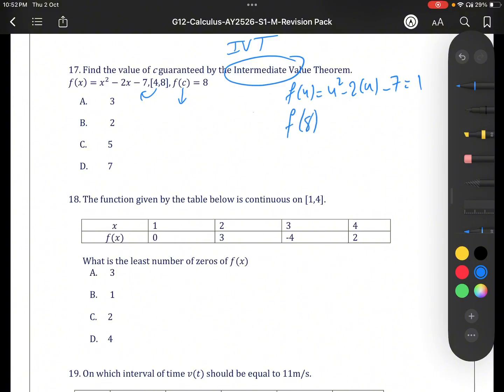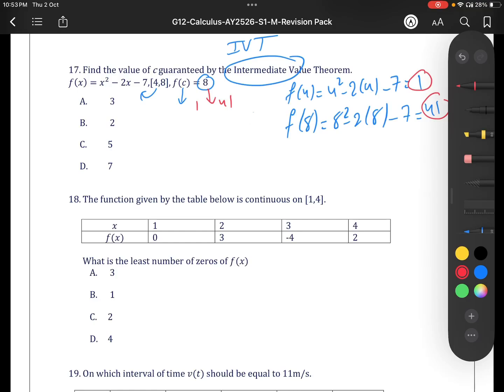So f of 8 is 8 squared minus 2 times 8 minus 7. And the answer is 41. 8 is between 1 and 41. So IVT is applicable or can be applied, since also f of 4 is different from f of 8.